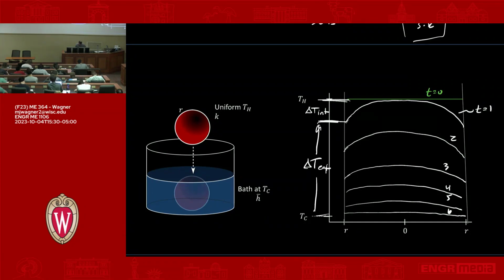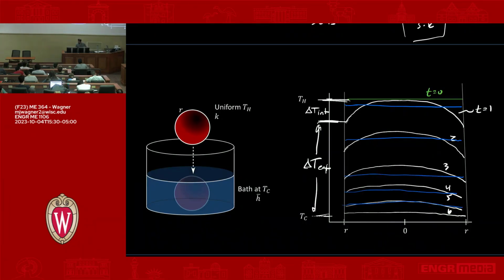In the event that delta T internal is a lot smaller than delta T external, this is when the 0D assumption is valid. We can basically say, instead of modeling this radial temperature profile internally and looking at how that changes with time, what if I just said, let's call this temperature that, and let's call this temperature that, and so on?